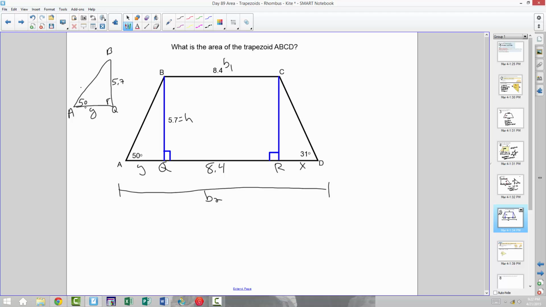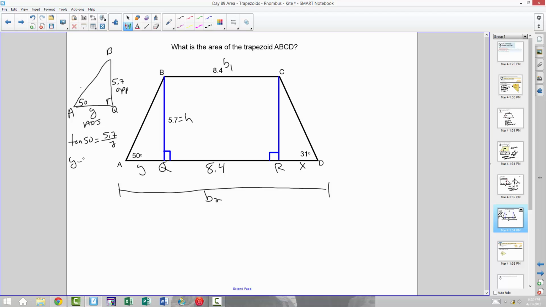So my reference angle is 50. The side given opposite of 50 is the opposite. Y is adjacent to 50. Therefore, the trig ratio that is opposite over adjacent is tan. So to solve for Y, I have the tan of 50 equals 5.7 over Y. Solving for Y, cross multiply, then divide.